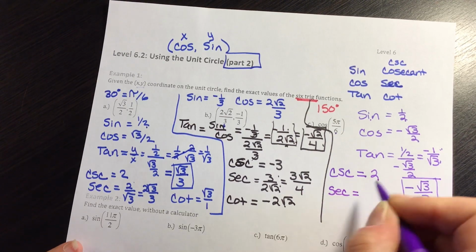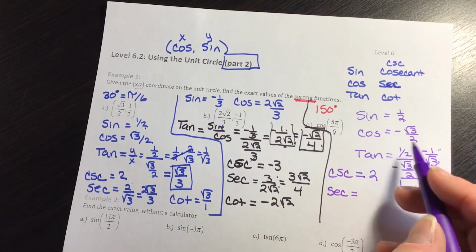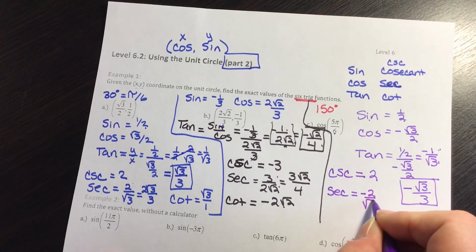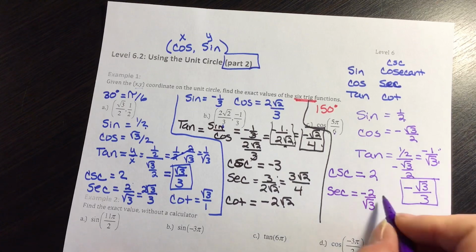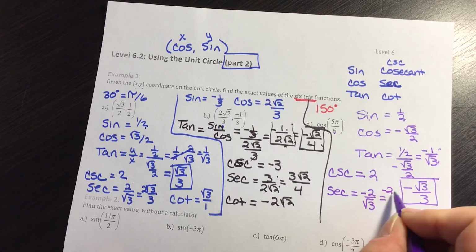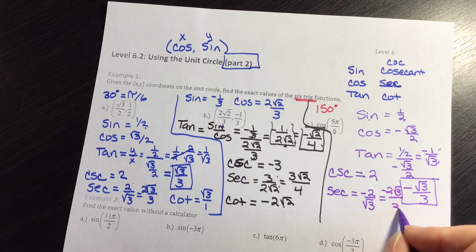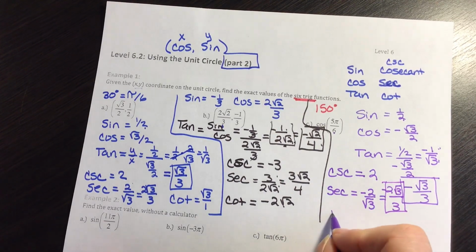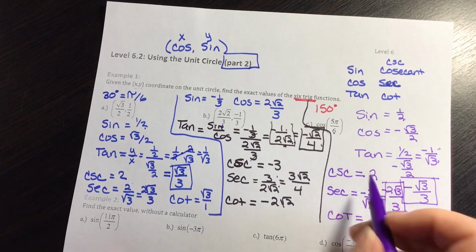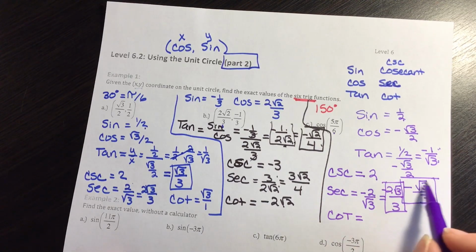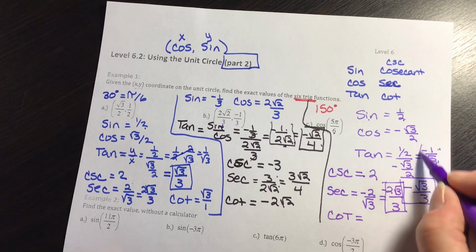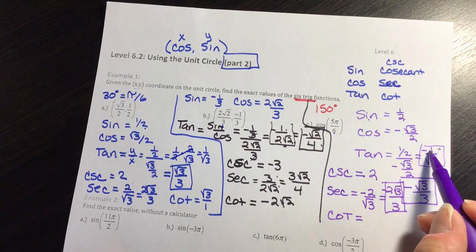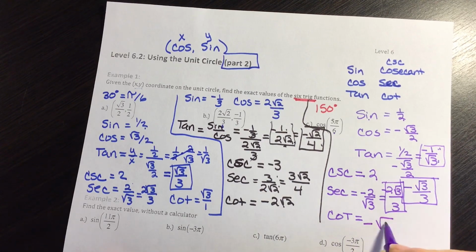Secant will be the reciprocal of cosine, which is negative 2 over the square root of 3, or negative 2 square root of 3 over 3, rationalizing the denominator here. And cotangent is the reciprocal of tangent, so I'm going to turn this around, but actually if I look back up here, I won't have to rationalize the denominator, so I'm just going to have negative square root of 3.